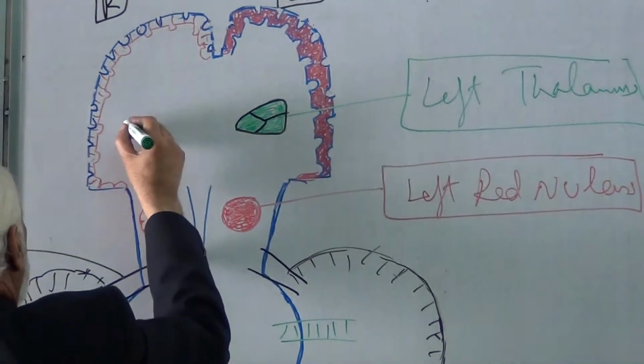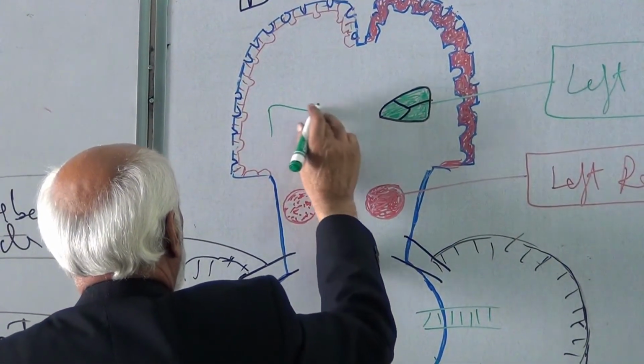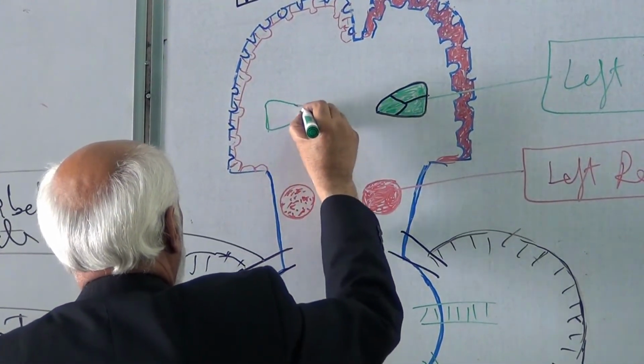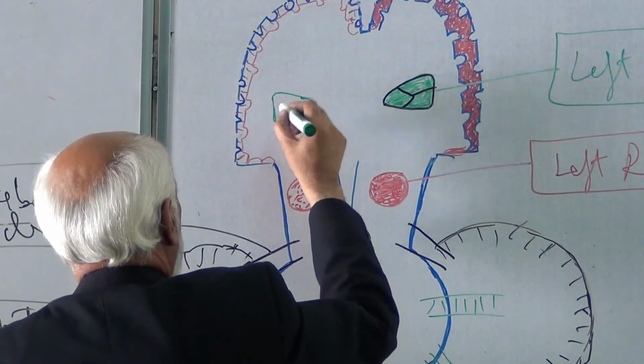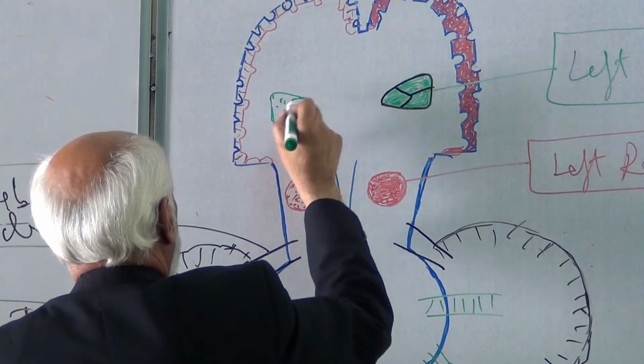On the right side is the right thalamus.